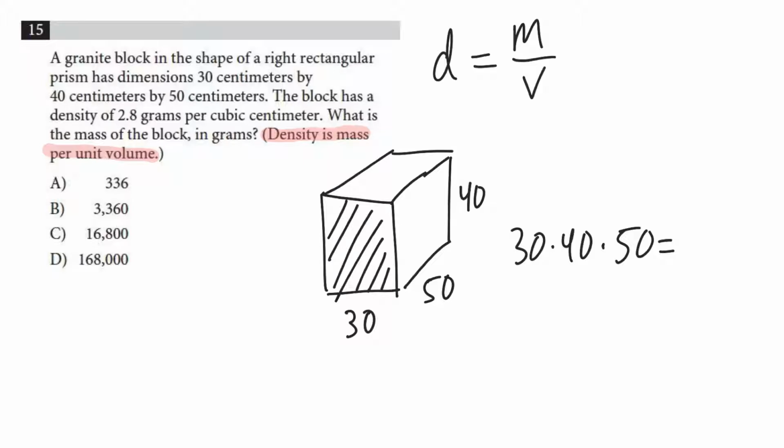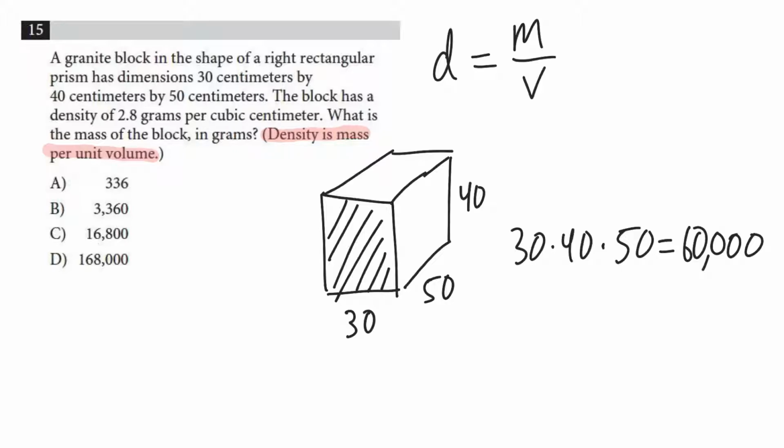Well, 30 times 40 is 1200. And then 1200 times 50, 12 times 5 is 60, and then 1200 has 2 zeros and 50 has 1, so 3 more zeros. So the volume for this prism is 60,000 cubic centimeters.